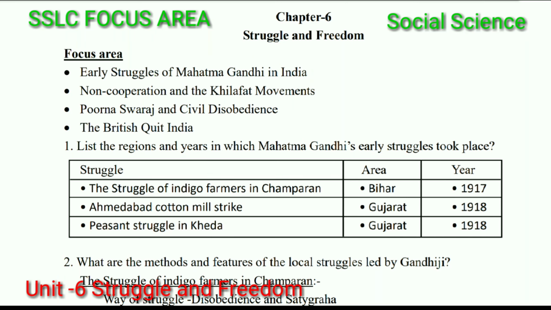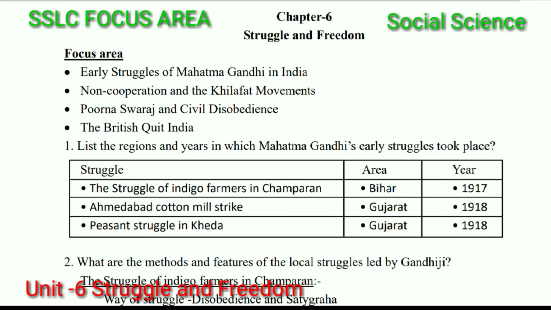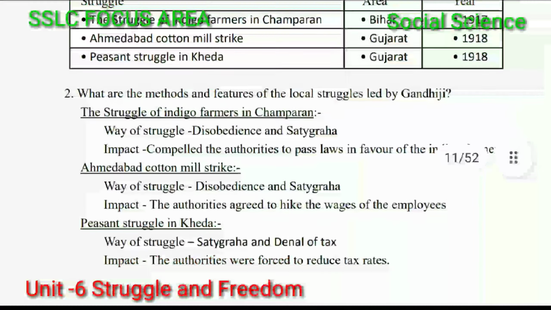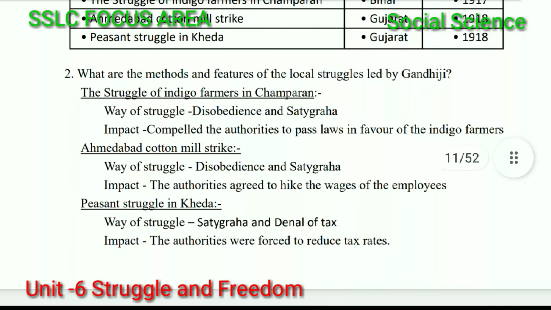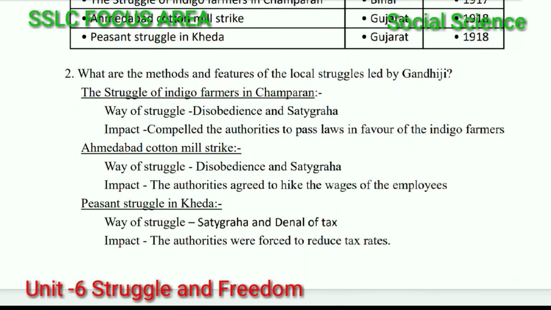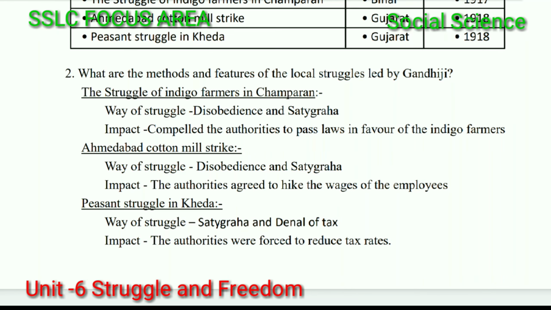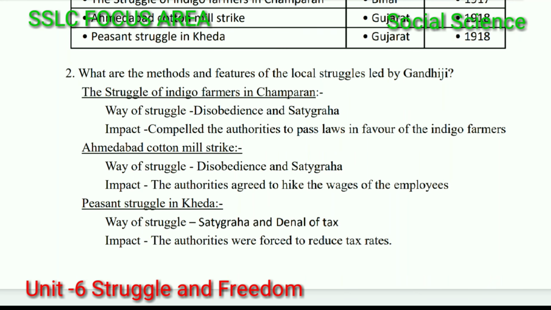What are the methods and features of the local struggles led by Gandhiji? The struggle of indigo farmers in Champaran, way of struggle: disobedience and satyagraha. Impact: compelled the authorities to pass laws in favor of the indigo farmers.